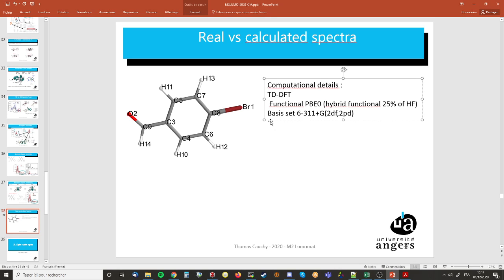So we've done some TD-DFT with a functional and a basis set, okay? You need to put those, and you need to be sure of what they are.